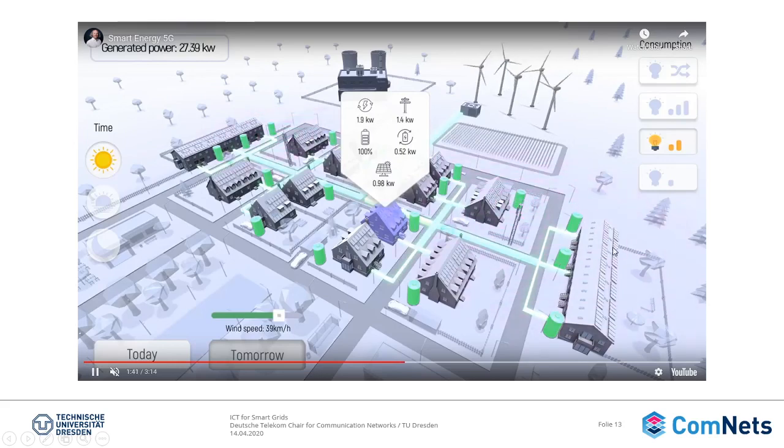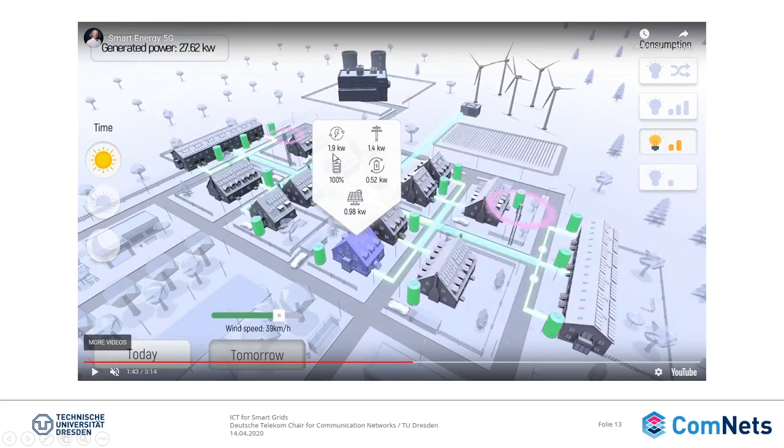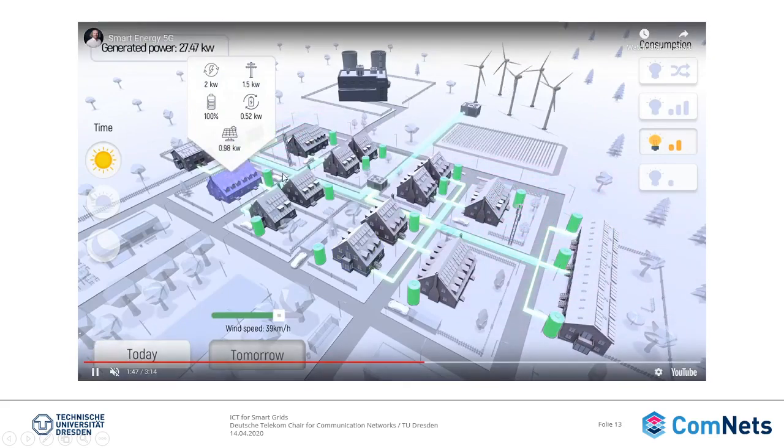So all the users here start filling their batteries. So you can see, for example, again here, he's getting 1.5 kilowatt from the power grid. He's getting 1 kilowatt from solar energy generation, and he's filling his battery with 0.5 kilowatt. Everybody is refilling the battery systems while the power generated from the utility side is being provided.